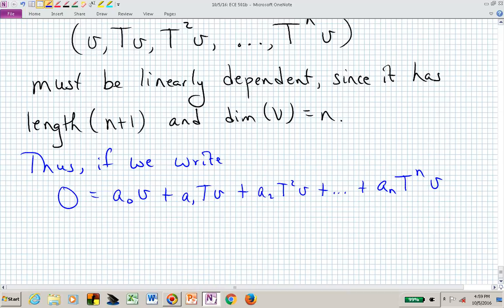Because we know v, tv up to t to the n v are dependent, we can find some non-zero a's to cause that to equal the 0 vector.